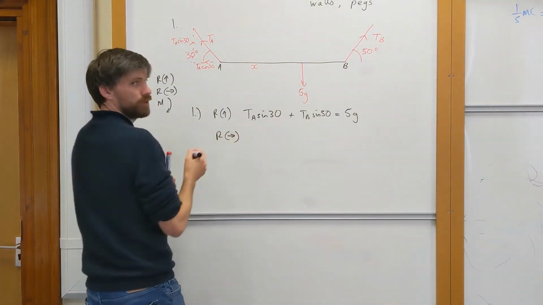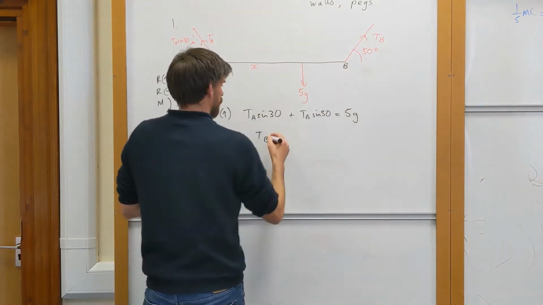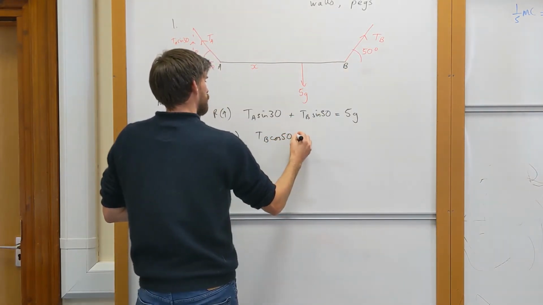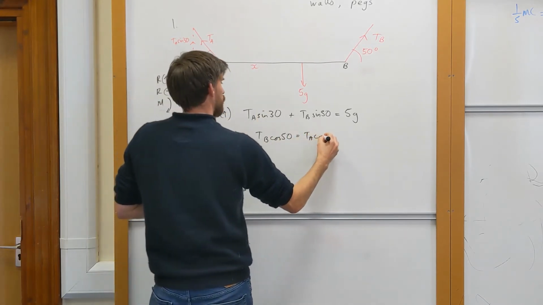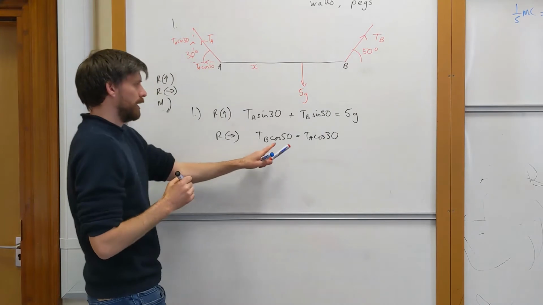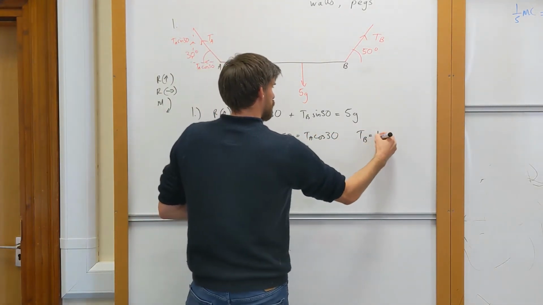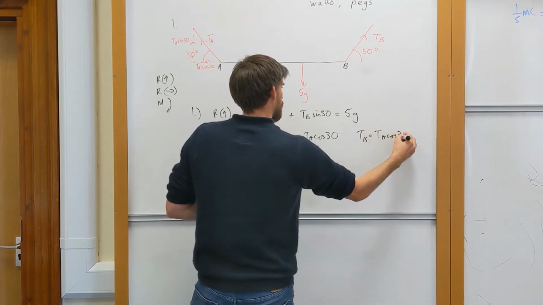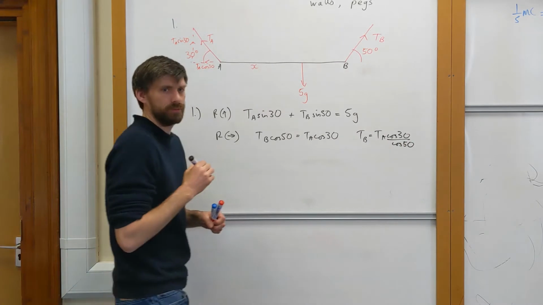Well, let's resolve horizontally. In this case, TB cos 50 has got to be equal to TA cos 30. If we rearrange this equation for TB, it is equal to TA cos 30 over cos 50.